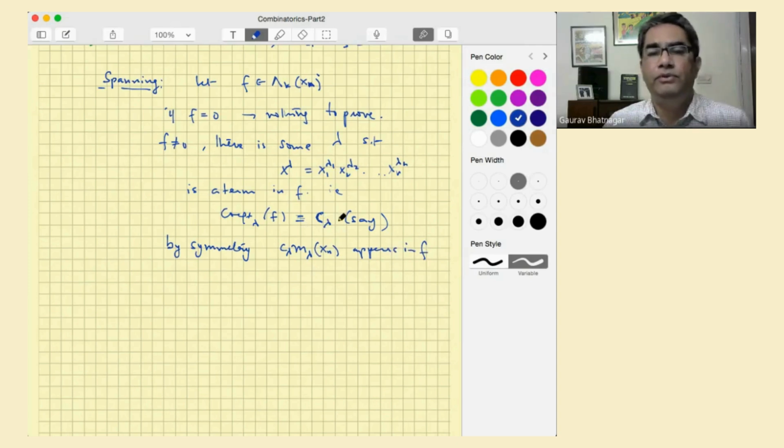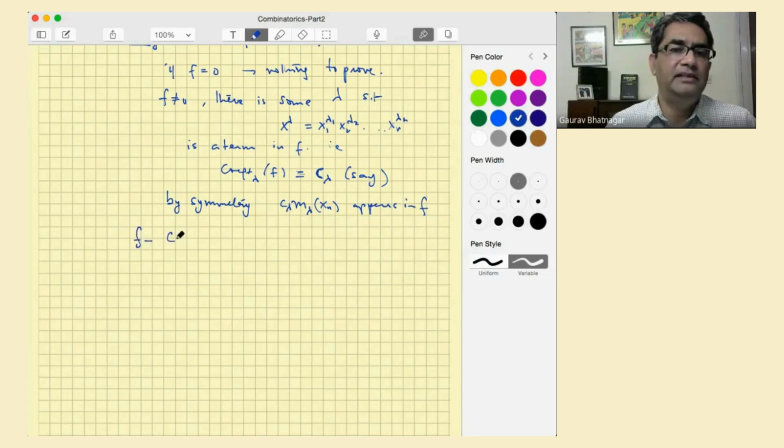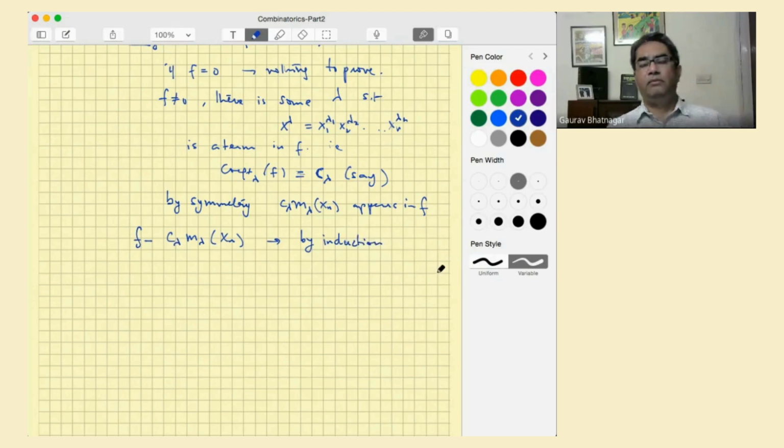Because you take all the permutations of this particular term, you're going to get that. So now consider f minus c_lambda m_lambda of x_n. This is by induction: it's a smaller polynomial, with a smaller number of terms here.